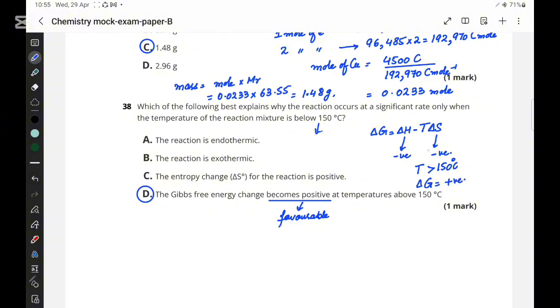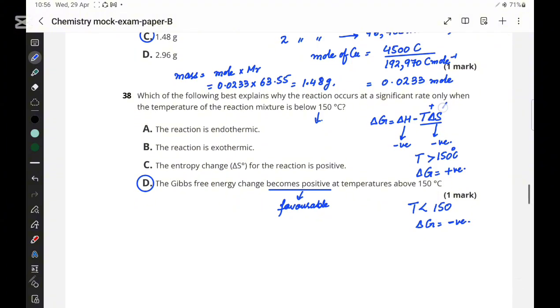Why does it become positive? Because this value will overcome this negative value, and when it overcomes this negative value, delta G becomes positive and the reaction is not favorable. But when the temperature is smaller than 150, delta G remains negative, because this value is very small. It will not overcome this value. So the answer is going to be D.